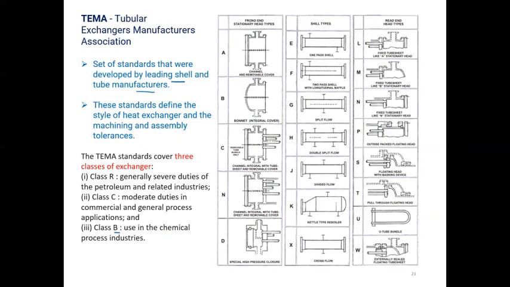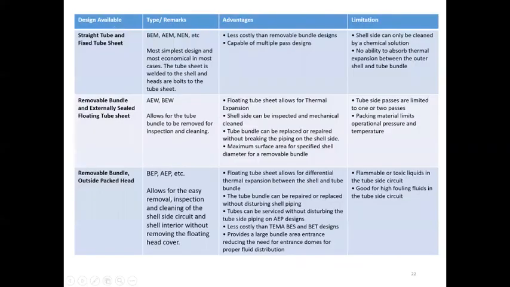For each class, you may refer here, we have the front end stationary head types, and we have the shell type, and also rear end head type. So basically, you may refer which design you may apply, and then after that, you may proceed to the detailed design and guideline given by TEMA.